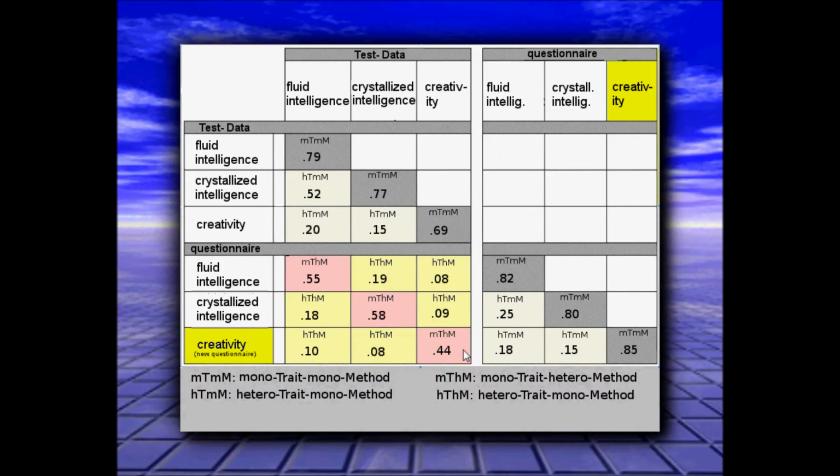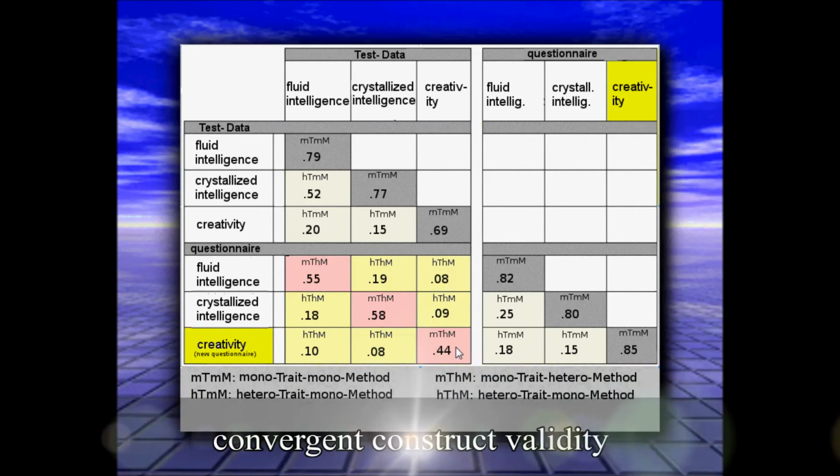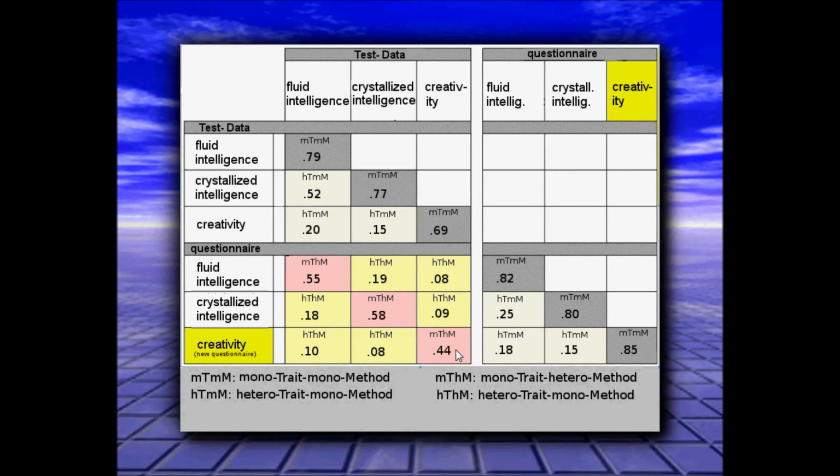But as I said, usually the correlations are a little bit lower, and in this case we have moderate correlations, for example, for your creativity questionnaire with your creativity test. And you definitely want to have high correlations, because this is your indicator for the so-called convergent construct validity.